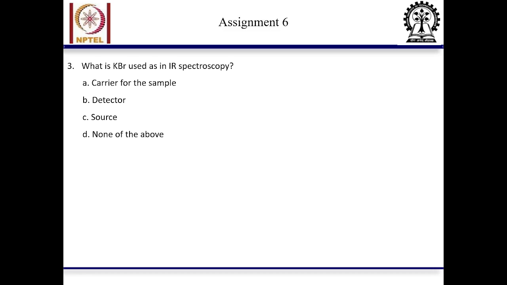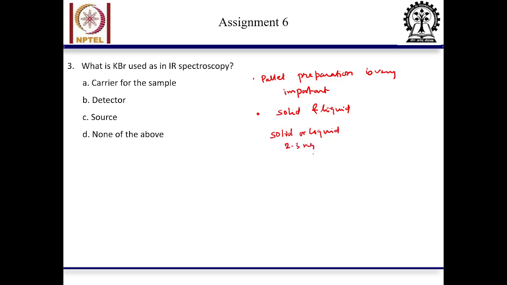Basically, KBr we use for sample preparation. So the pellet preparation is very important. To record the spectra of solid and liquid, we take a very little amount of sample, 2 to 3 mg, then we add 20 to 30 mg of KBr to make a pellet.